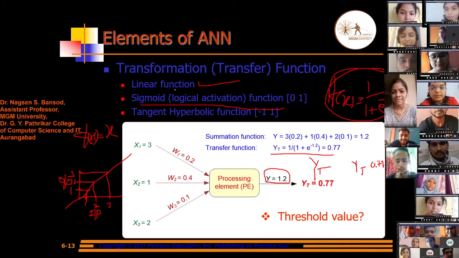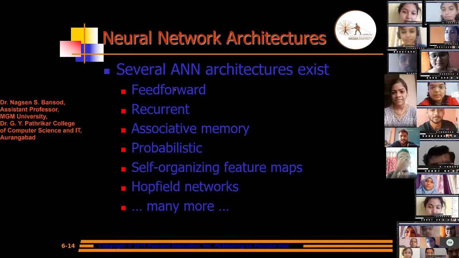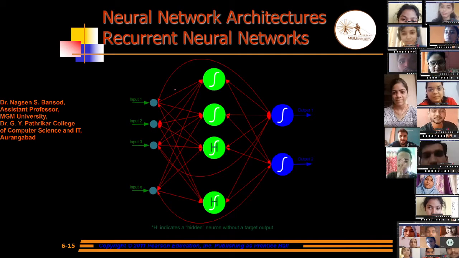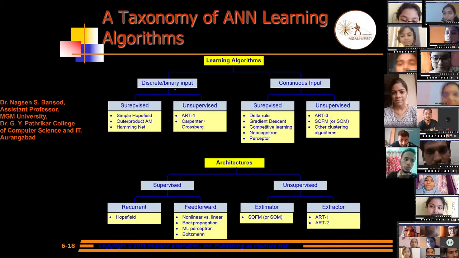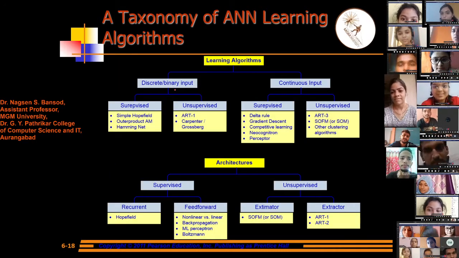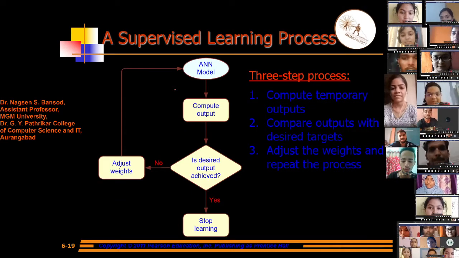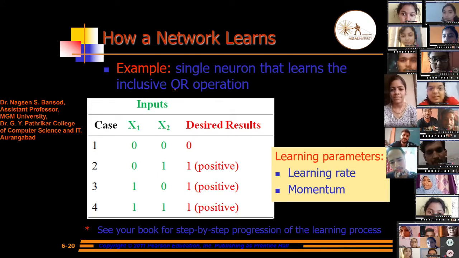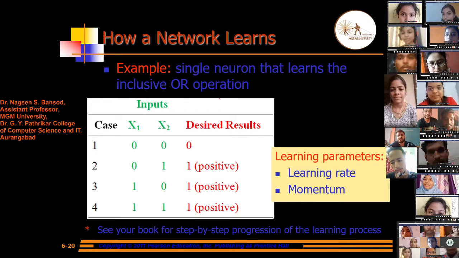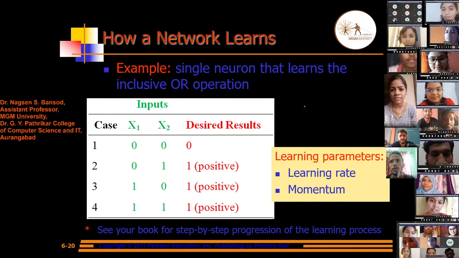Similarly, as we discussed in the previous lecture, several artificial neural networks exist, like the feed forward neural network, and the most popular supervised and unsupervised learning algorithms we discussed. In supervised learning we were at the exclusive OR, XOR, and inclusive OR operation.